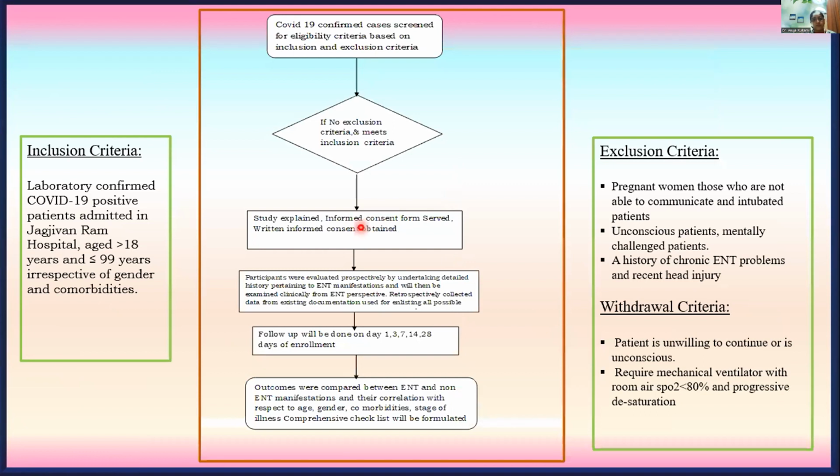So the study was explained, written informed consent was obtained, and patients were evaluated prospectively by undertaking a detailed history pertaining to ENT manifestations and were then examined clinically from an ENT perspective.